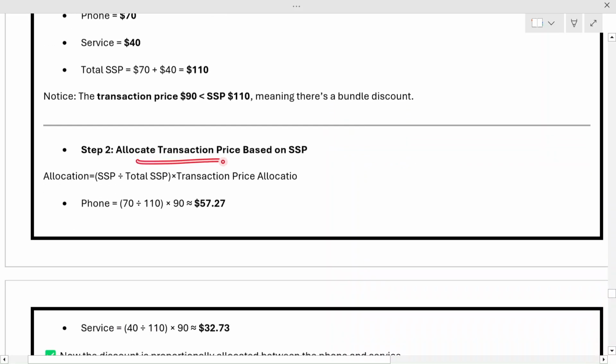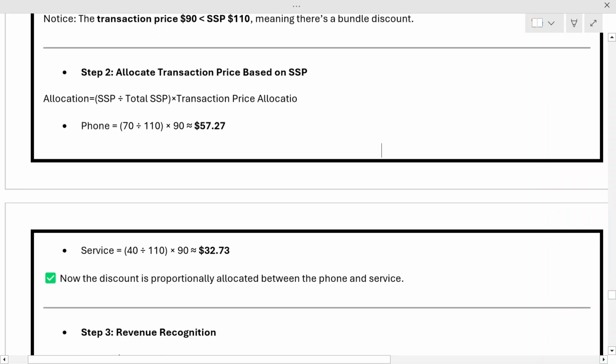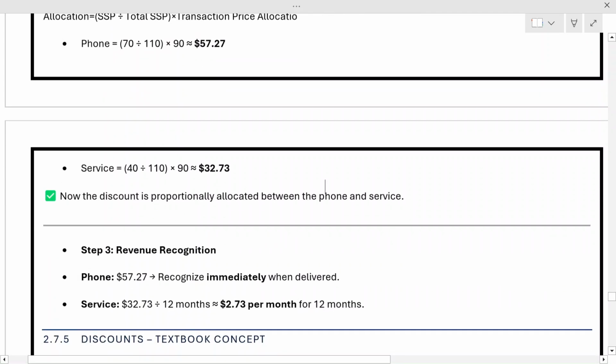Simply we will do the same thing again: out of this 110, $70 is for phone, and out of this 110, $40 is for services. So we will be saying that this $90 of transaction price will be allocated in the ratio of these standalone selling prices, which are given here.